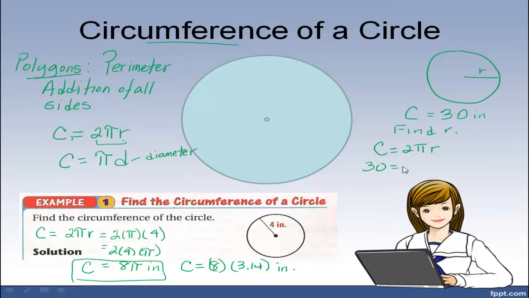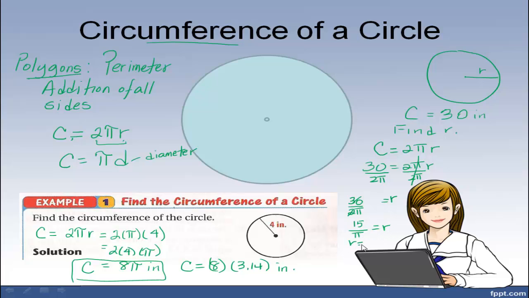Circumference is 30 equals 2 pi r. I want to find r, so I divide both sides by 2 pi. And that gets rid of this 2 pi here, and you're left with r is equal to 30 over 2 pi. I can cancel out some terms here. 30 over 2 is 15, so I would have 15 over pi is equal to r.